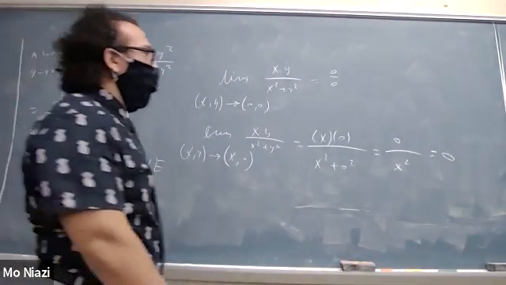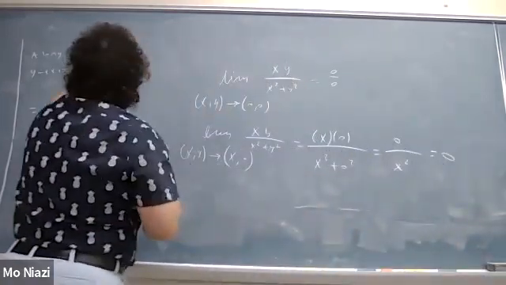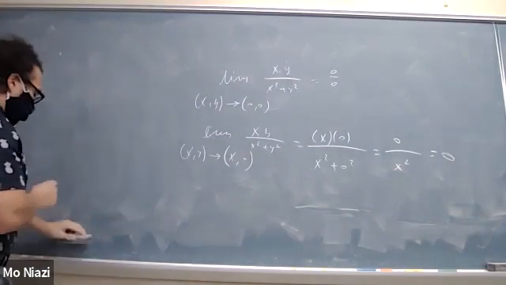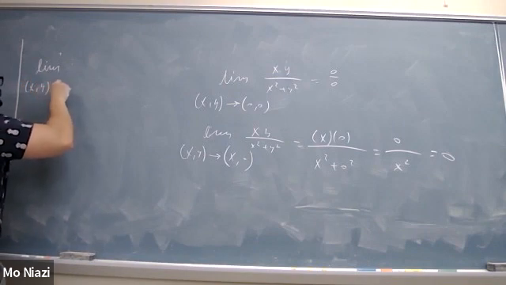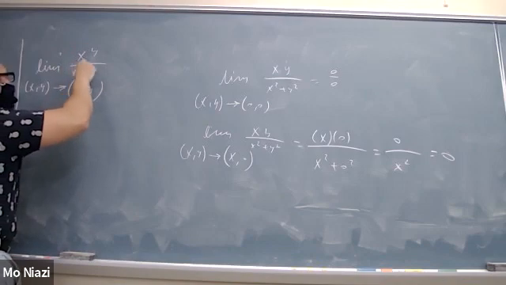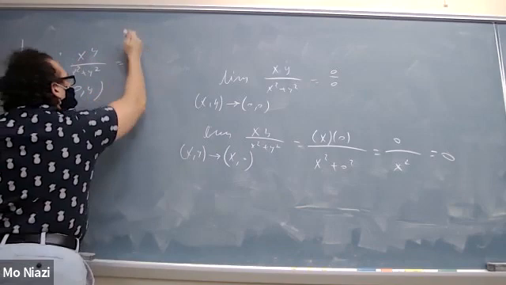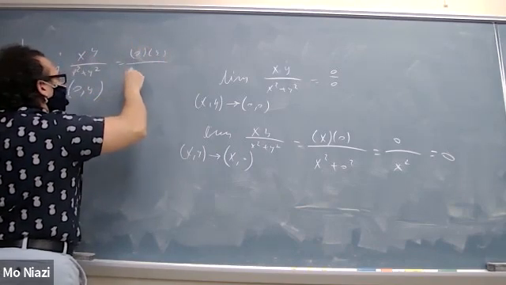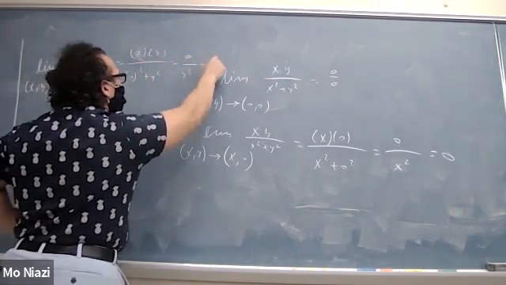Okay, let's approach it along the y-axis. Again, the numerator becomes 0 times y over 0 squared plus y squared, and this is 0 over y squared, 0.